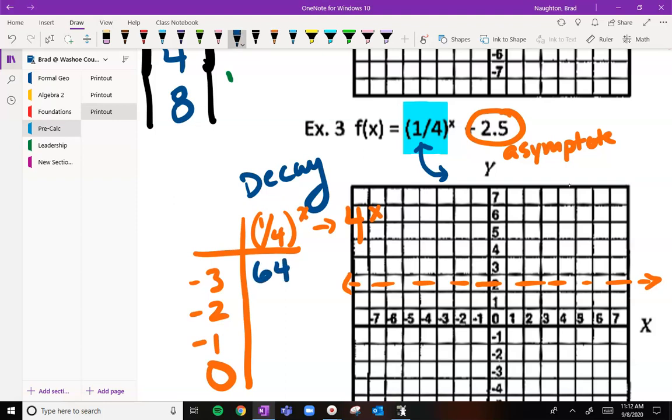So 64 is going to be 4 cubed. 16 is 4 squared. 4 to the 1 is 4. Anything to the 0 power is 1. And then again, we are adding our k value to that. So this is going to be 66.5.